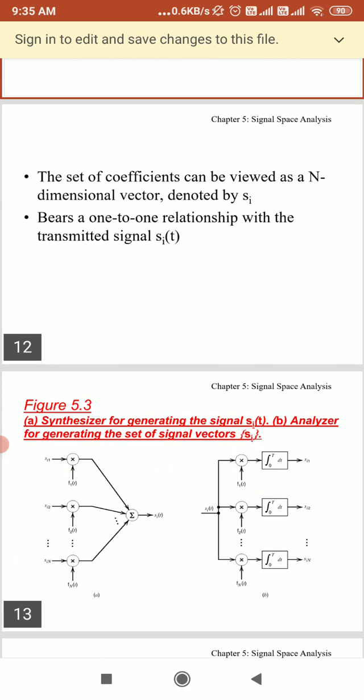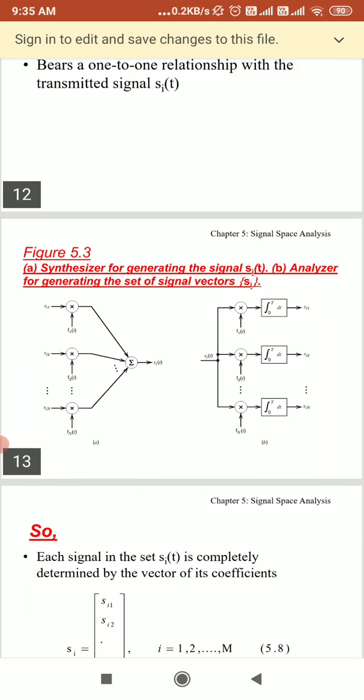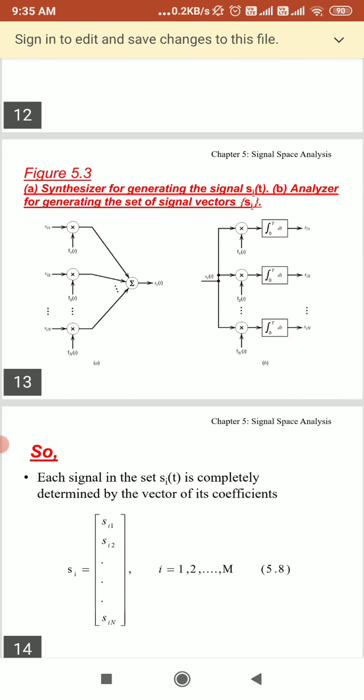So here the set of coefficients can be viewed as an n dimensional vector, denoted by Si, and it bears a one-to-one relationship with the transmitted signal Si of t. Here we can see the diagrams, which give the pictorial depiction of our equations.